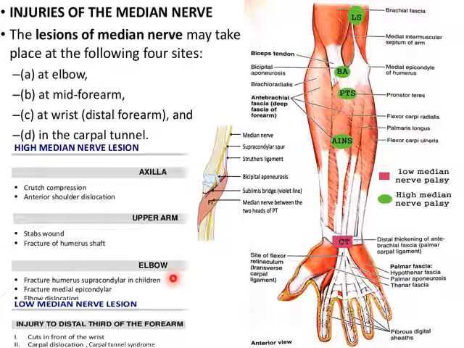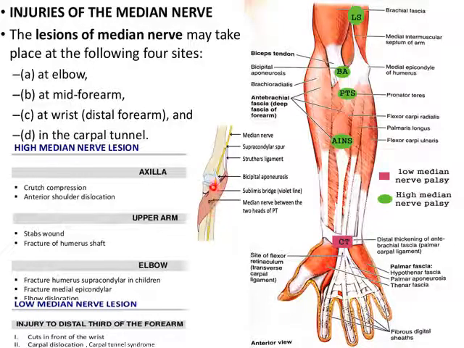That is mainly due to a fall on the outstretched hand, and a fracture of the medial epicondyle and elbow dislocation, or maybe thickening of the bicipital aponeurosis, or maybe due to its entrapment between both the heads of the pronator teres, that is the superficial and deep heads of the pronator teres as well.